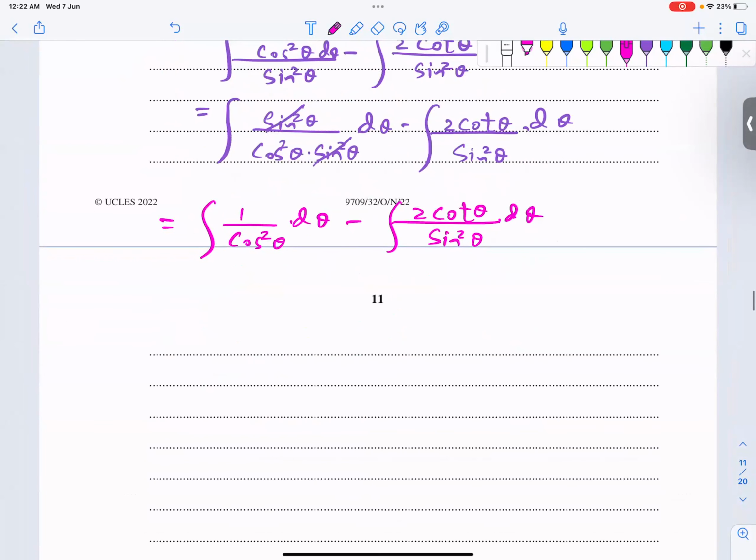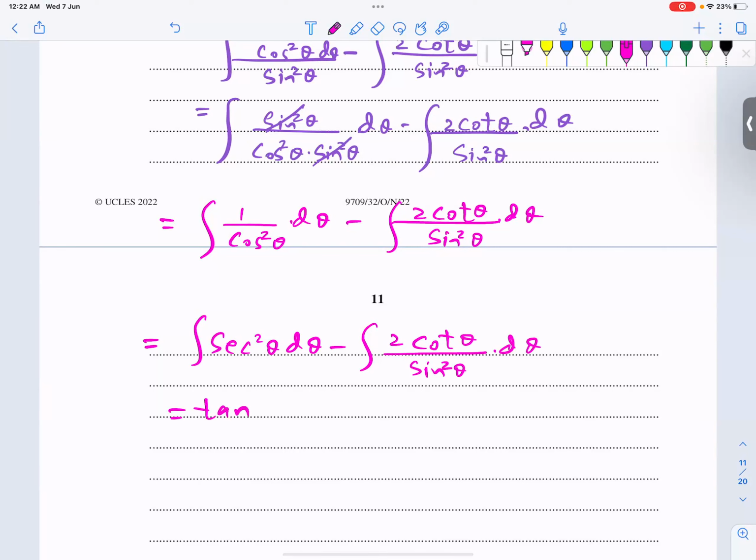Now 1 over cos square is actually secant square theta, and in the formula sheet the integral of secant square theta is given, and that is tangent of theta. Minus. Now tell me how you will integrate this part.